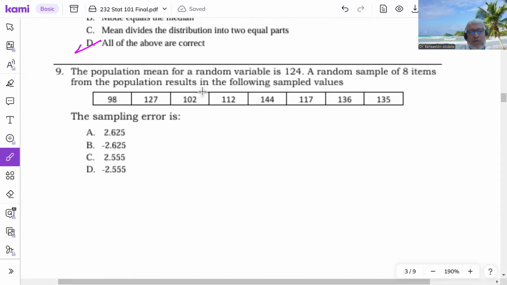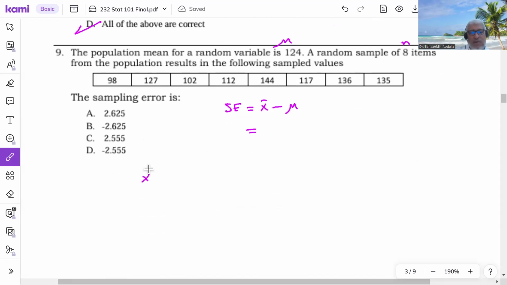The population mean, so this is a mu, for a random variable is 124. A random sample of 8, so this is n, from the population results in the following sampled values. So these are the values of the sample. What is the sampling error? The definition of the sampling error of the mean is x bar minus mu. So I need to find x bar and subtract mu. Well, x bar is summation x over n, and n here is 8.